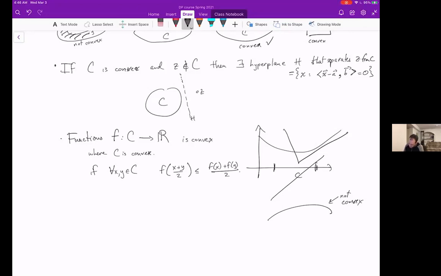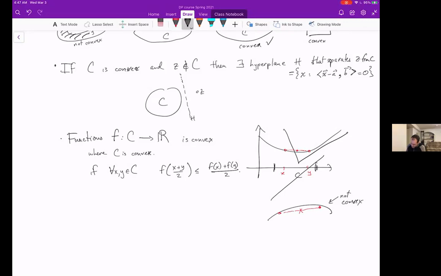Specifically, if I take X here and Y here, and I look at these two points on the function and the line segment connecting them, the midpoint lies above the graph of the function, or at least not below it. For example, the reason this thing isn't convex is that here the midpoint lies below the graph of the function. So that's a definition of convexity.